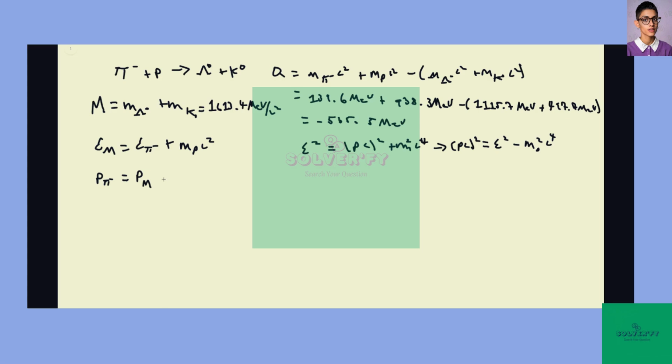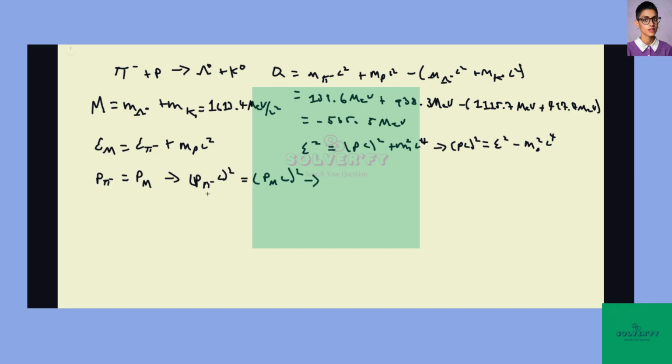Now from that we can put this in the form E squared minus m squared c to the fourth is equal to momentum times speed of light squared of both. So now that it's in this form, we can plug in some of the things that we know.